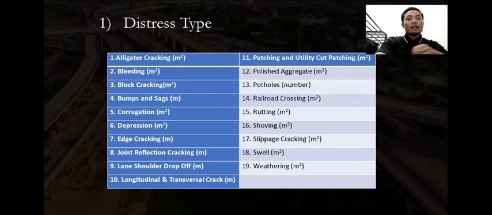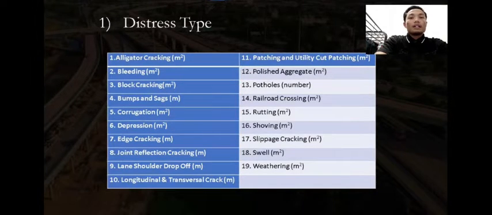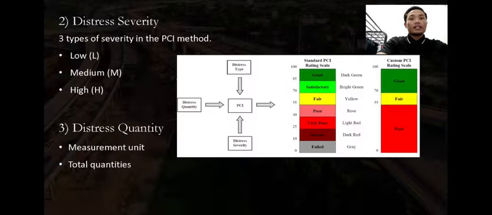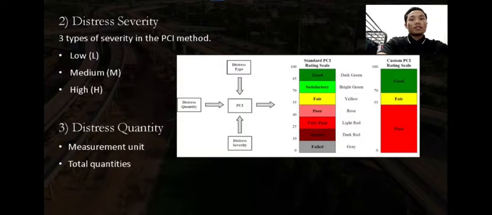This is distress type: alligator cracking, bleeding, block cracking, bump, corrugation, depression, edge cracking, joint reflection cracking, lane shoulder drop-off, longitudinal and transverse cracking, patching and utility cut patching, polished aggregate, pothole, railroad crossing, rutting, shoving, slippage cracking, swell, and weathering. Distress severity has three levels in the PCI method: low, medium, and high. And distress quantity is measured in total quantity units.